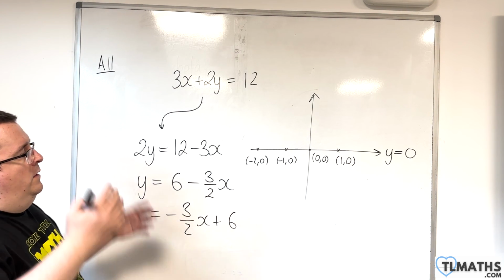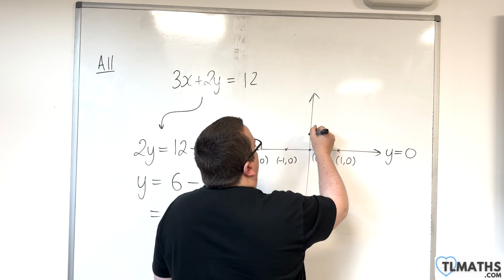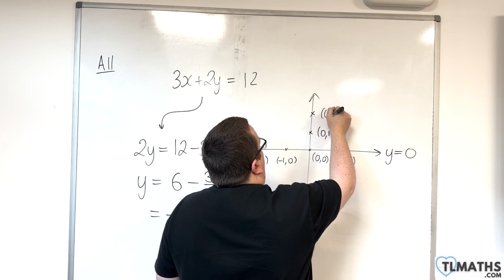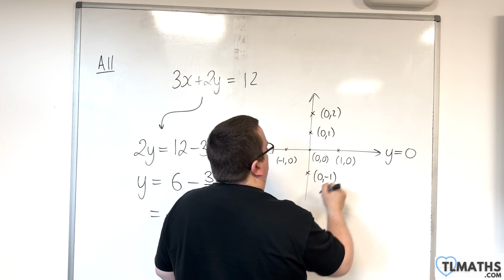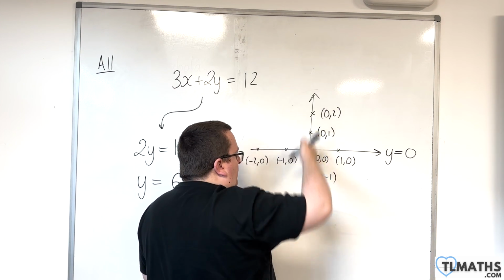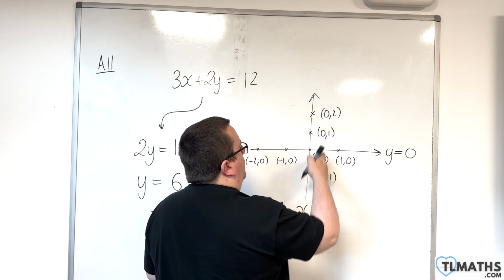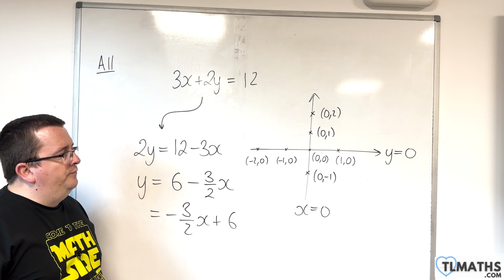Okay, if you do the same for the y-axis, then here is 0, 1, here is 0, 2, here is 0, minus 1, and so the y-axis is x equals 0, because all of the coordinates along that line have x coordinate 0.